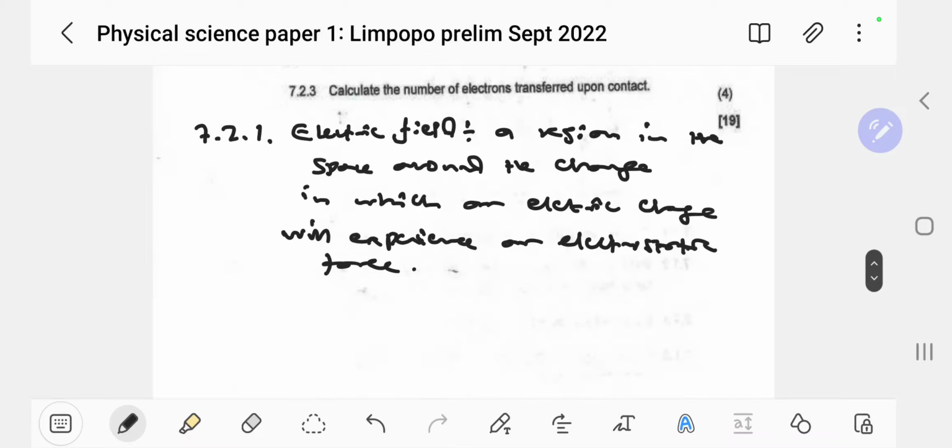I mean, you can say it is an electrostatic force per unit charge.